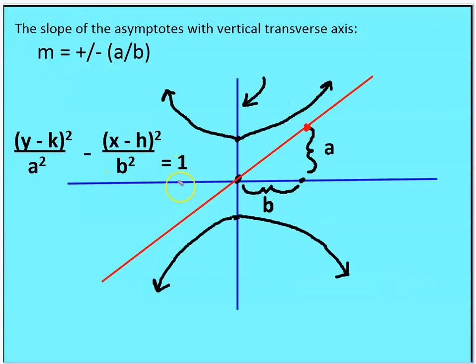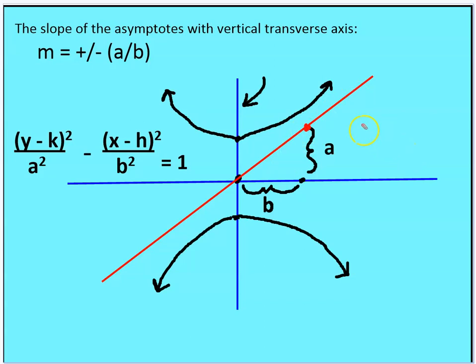All right, in the case of a vertical transverse axis, then the slope is going to be a over b because the a distance is the vertical distance now. So rise over run. So my rise now is a, my run is b, and I'm still going to use the same process to mark off the point at which you're going to draw your asymptote line through both the center of the hyperbola to this point to create your asymptote.